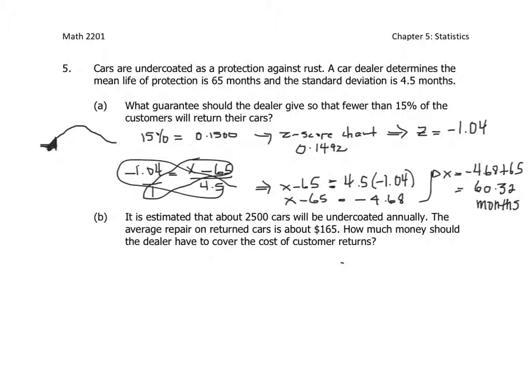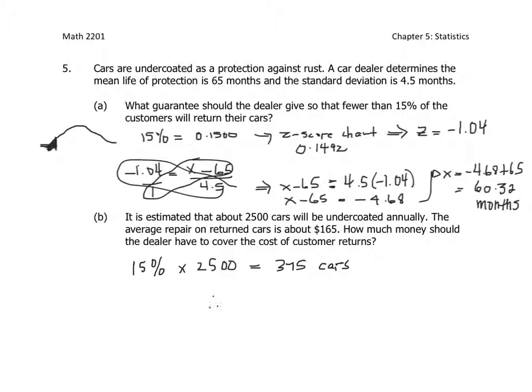So out of those 2,500, based on our answers in A, we have worked it out so that 15% of those 2,500 wouldn't last as long as 60 months. So 15% of 2,500 would be 375 cars that would come back complaining.